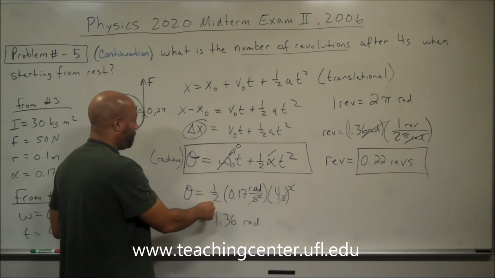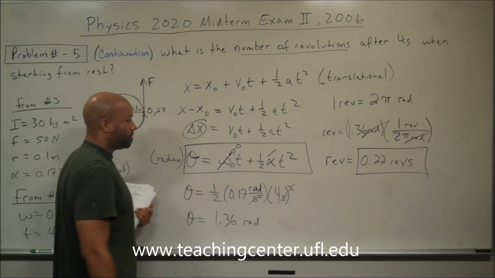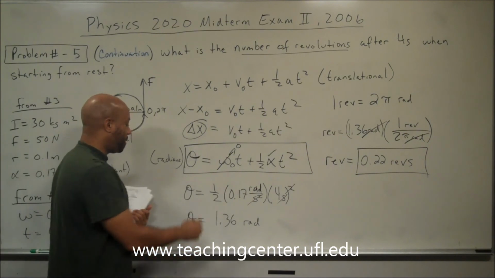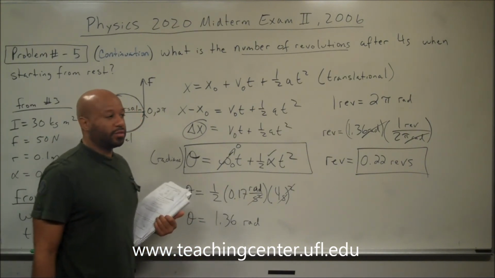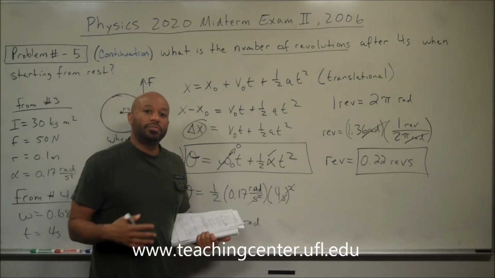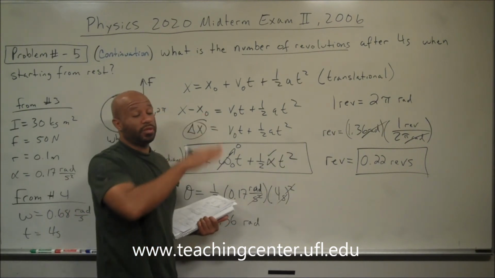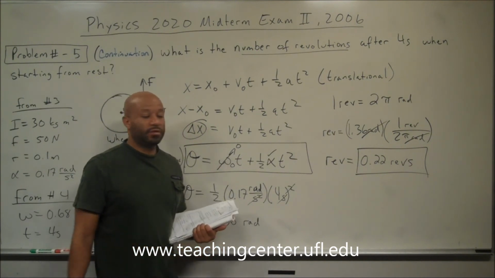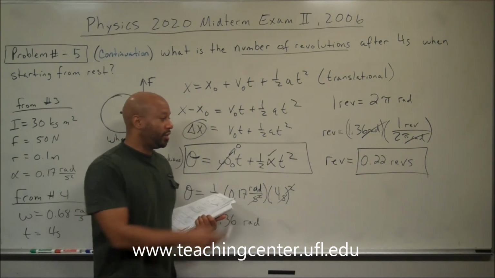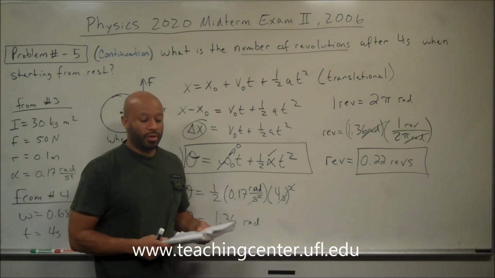We had enough information to determine theta in this particular equation, and we got 1.36 radians. And then understanding the relationship between radians and revolutions, because that's what the problem was asking, we were able to use that conversion factor to convert radians to revolutions, and we got the answer.